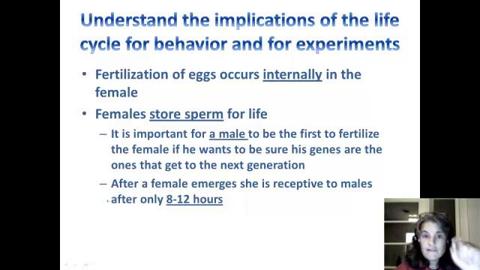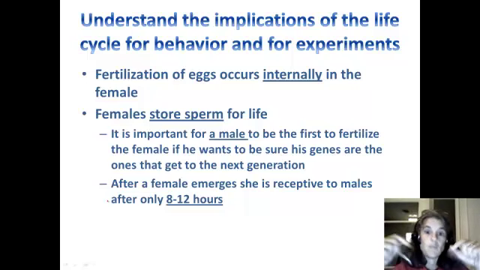And if you do not remove her from a vial of flies where there happen to be other males, she will mate with those males. And then if you pull her out, she's already storing sperm. And if you wanted her to mate with someone else, well, it's too late for that, because the sperm that she's got are from whoever was in the vial with her, and so you blew it.